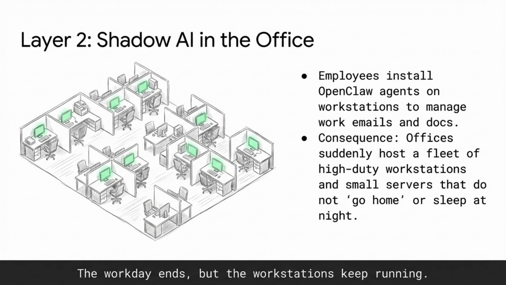Layer 2 is office power. OpenClaw-style agents very naturally become shadow AI: tools that individual employees install on their own machines, secretly wired into work email, calendars, and document systems. The result is simple. Offices suddenly have a fleet of high-duty workstations and small servers that may not really go home at night.